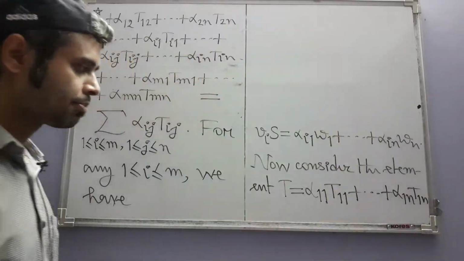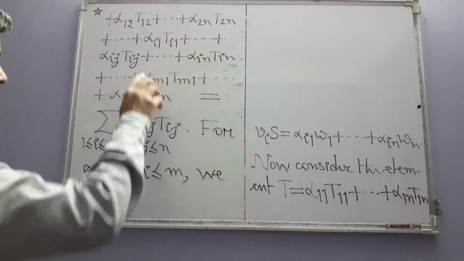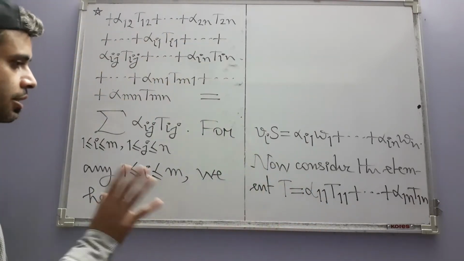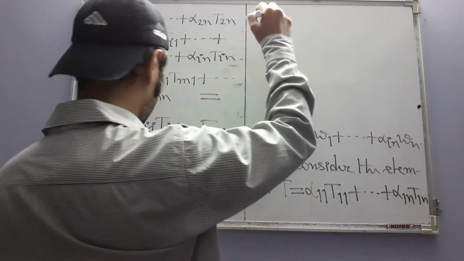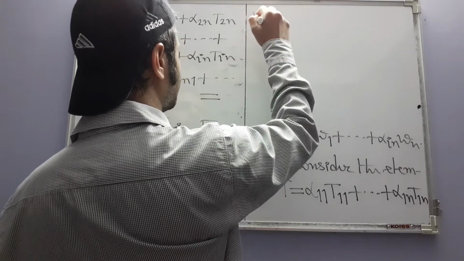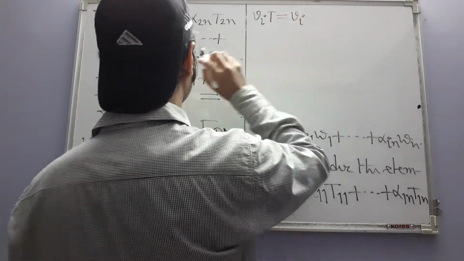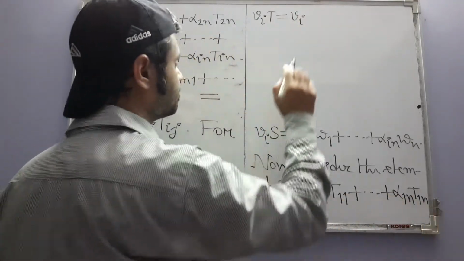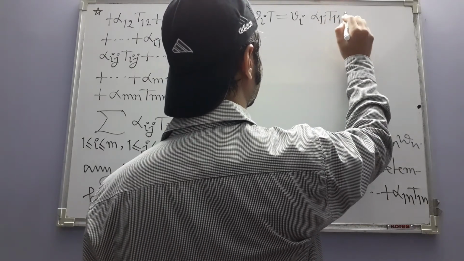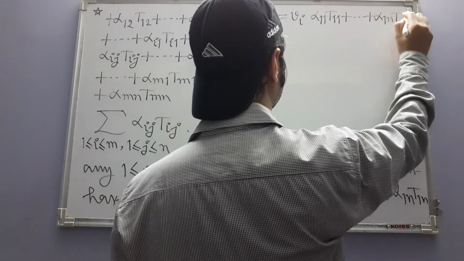Now when I am going to apply T on vi, I don't want to say I won't be using the entire expression, but I won't write this many terms, just the things that we would need. Let me write like this, I will need space. viT is equal to vi, let us first write this thing: alpha 11 T11 ... alpha 1n T1n.